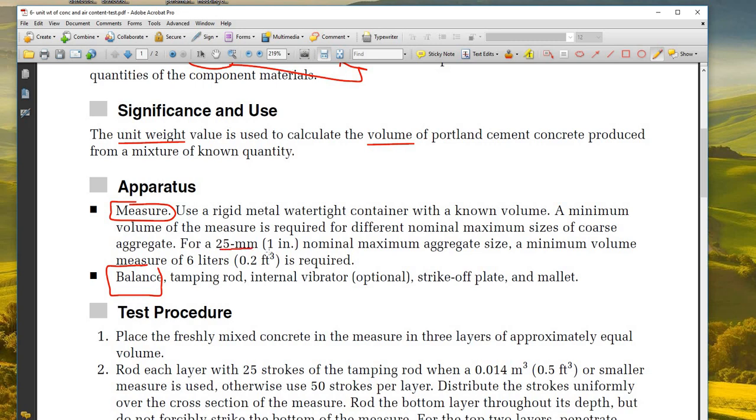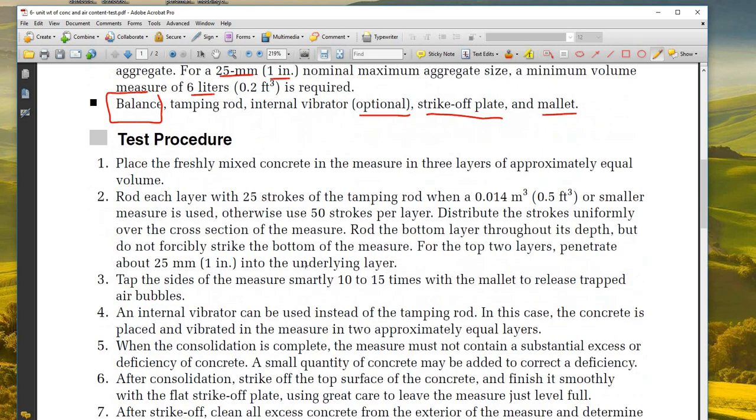For the 25 millimeter, which is 1 inch, nominal maximum aggregate size, a minimum measure volume of 6 liters or 0.2 cubic feet is required. We also need a balance, a tamping rod, an internal vibrator, which is optional, a strike-off plate, and a mallet.